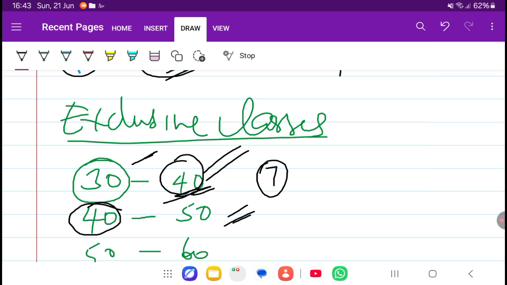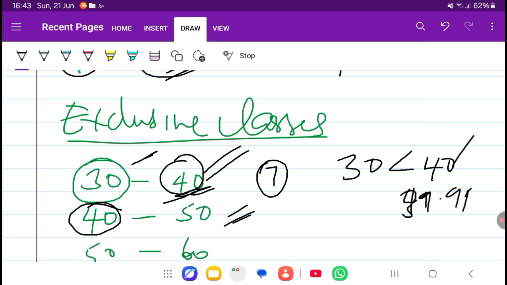It's not less than or equal to 40, it's less than 40. That is the implication. Meaning we can have 39.99, and that will be included in this class, but as long as it makes 40, it will be included in the next class.